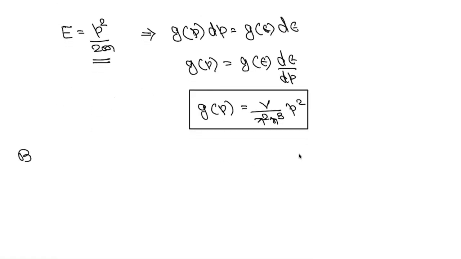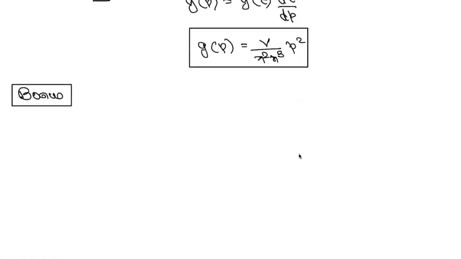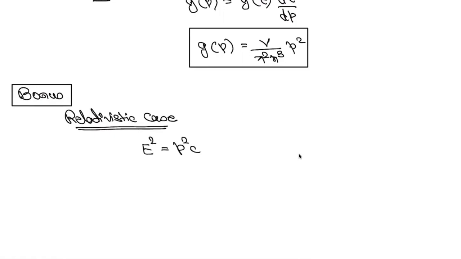Now one extra bonus, although it is not required, but again for bonus, let's take the relativistic case. In the relativistic case, we need to understand the energy is given by E square equals P square C square plus M square C4.